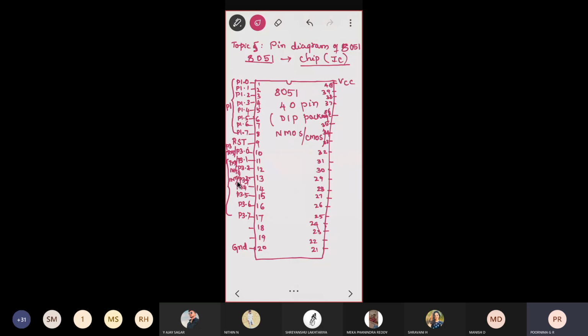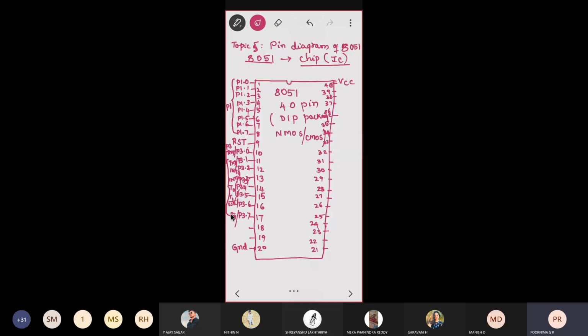And this pin P3.4 is timer 0. This P3.5 is timer 1. In detail, I will be explaining. And P3.6 is used for write bar. Another pin P3.7 is used for read bar. Okay, these are the pins.